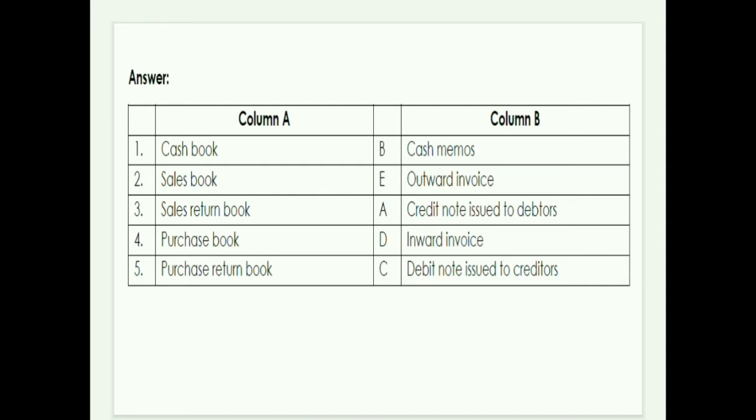If you sell, then outward invoices will be there. I hope these are quite easy for you. For the sales return book, credit note issued to the debtors, and same with the purchase return book, the answer will be debit note issued to the creditors. So I hope we have answered it very carefully.